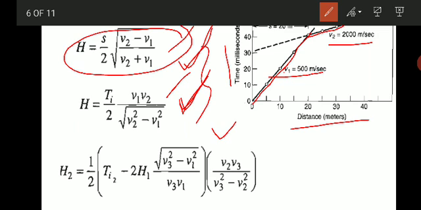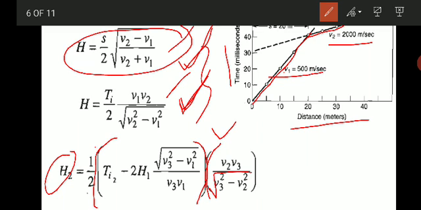Then for the second layer, h2, the thickness of the second layer, you can calculate as 1 by 2 into the bracket time, that is t2, minus 2h1, that is the first layer thickness, into square root of v3 square minus v1 square divided by v3 v1, close the bracket, into v2 v3 divided by the square root of v3 square minus v2 square.